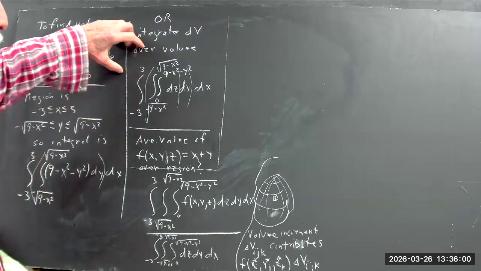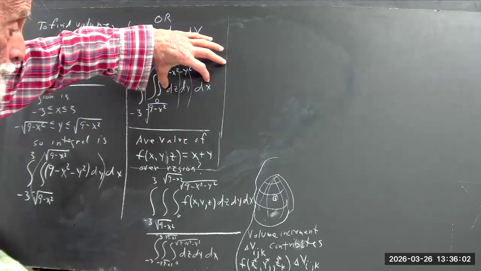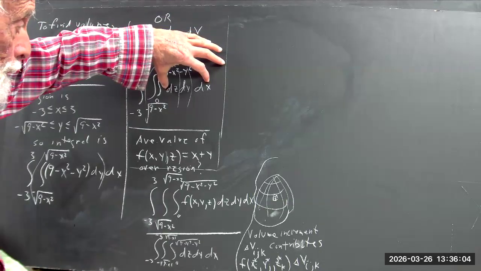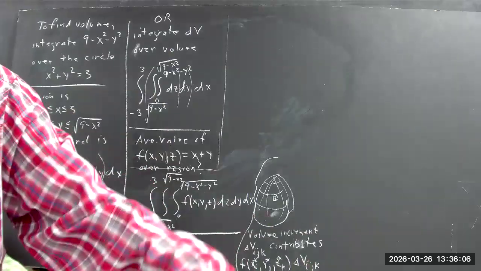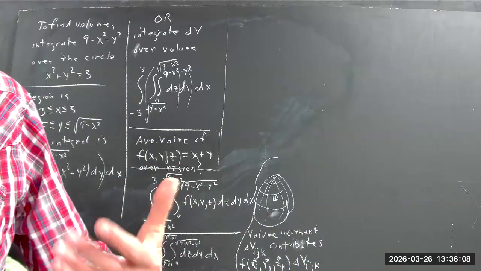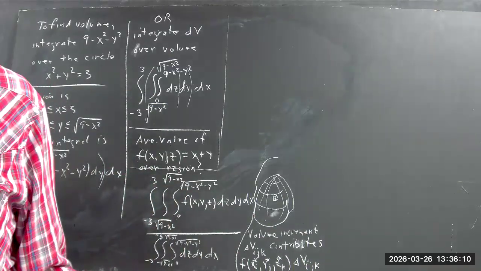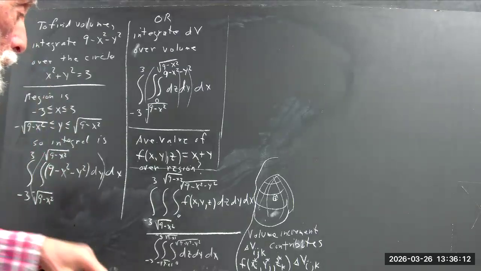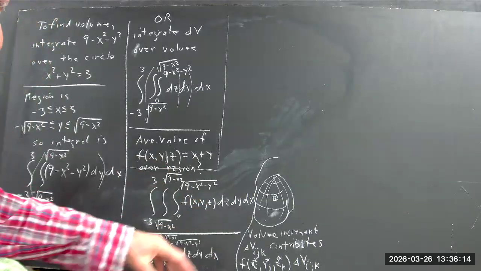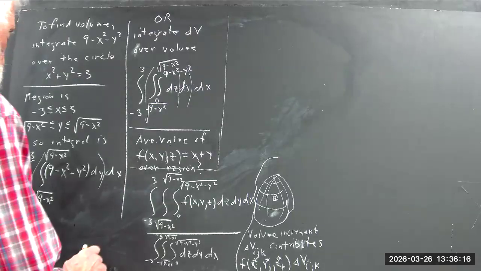Okay? This is just the integral of your volume increment, which is going to give you the total volume if you got the limits on the integrals right. This is the same integral. You can't read it down here, but it's a volume integral.